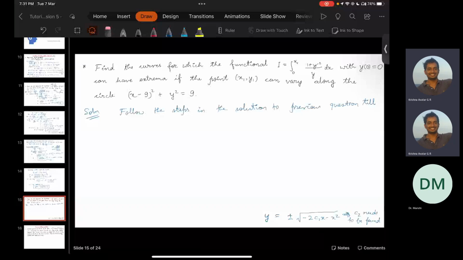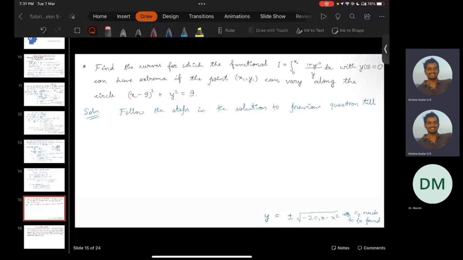Now let's again parameterize our curve gamma. The curve is x minus 9 whole squared plus y squared is equal to 9.